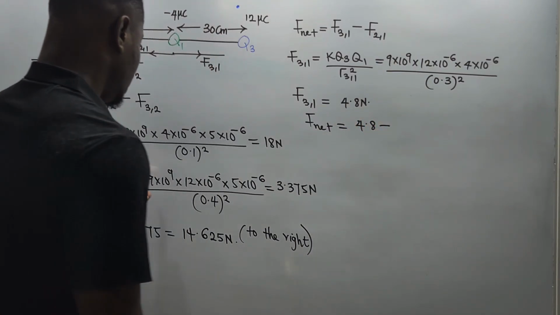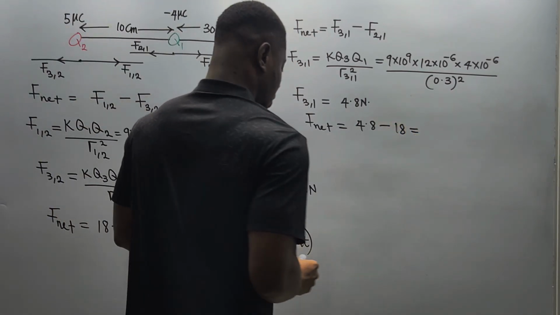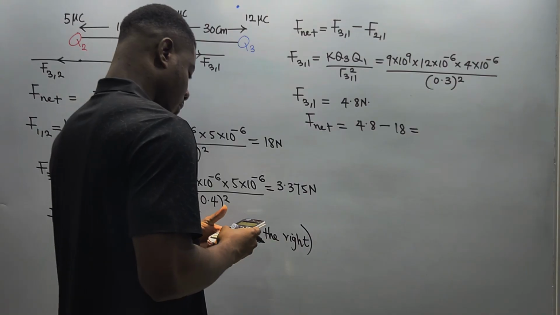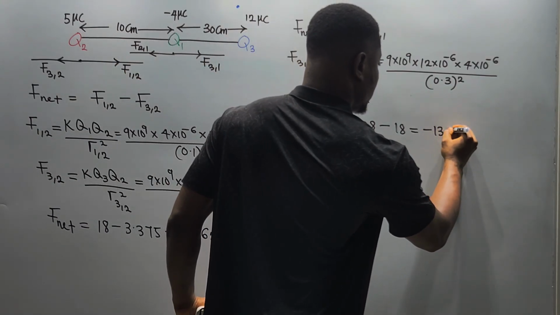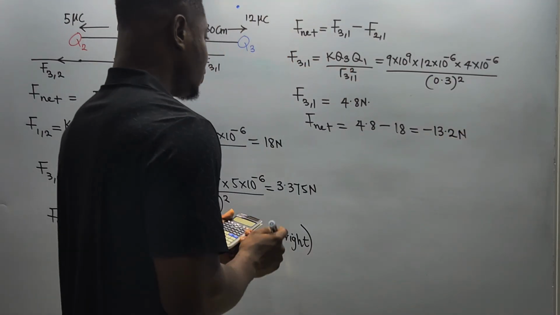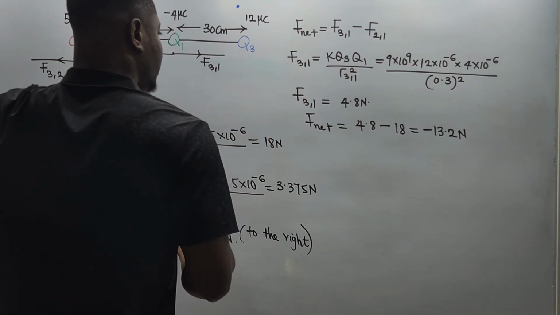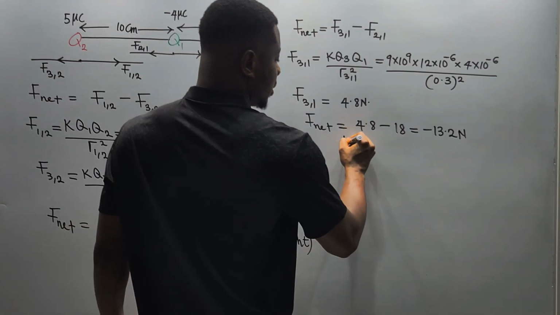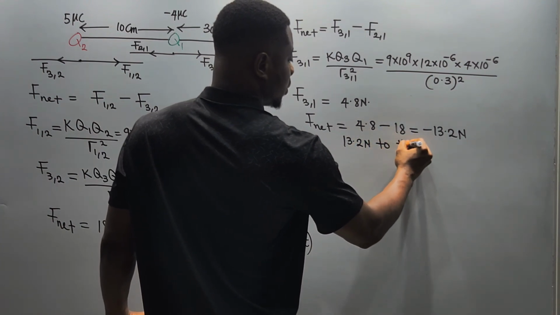We've done that before, that gave us 18. So this gives us 13.2, so it becomes negative 13.2 newtons. Now what does that mean? It is negative 13.2 newtons to the left. It's moving like this. So this is like saying it is 13.2 newtons to the left.